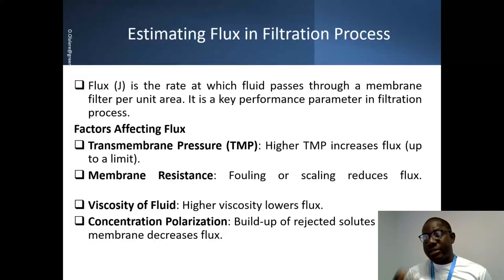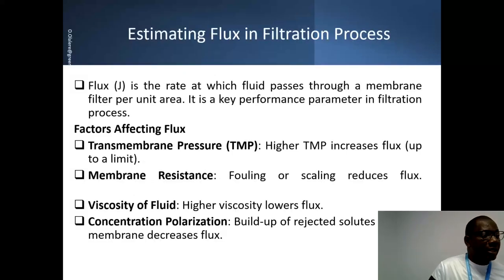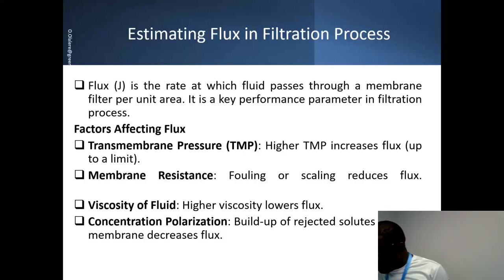And on this, I can ask you a question relating to this. You have a membrane filter, and you discover that the performance or the efficiency of that membrane filter is low. Now, what are some of the factors to consider in order to know what actually happened in that membrane filter?